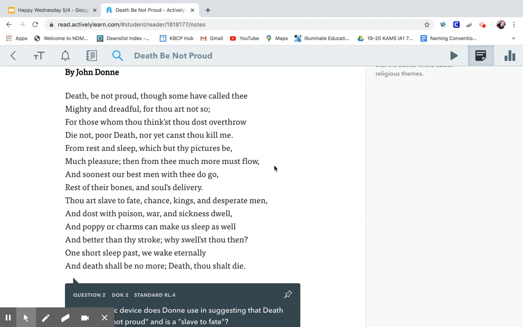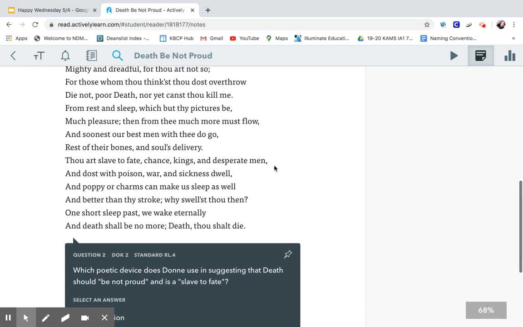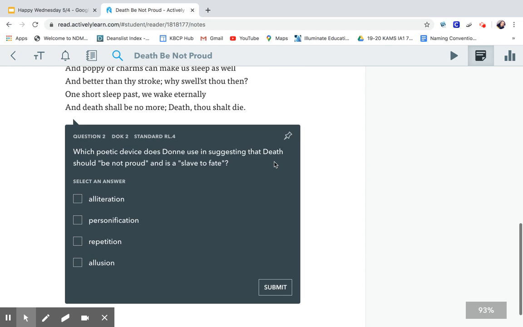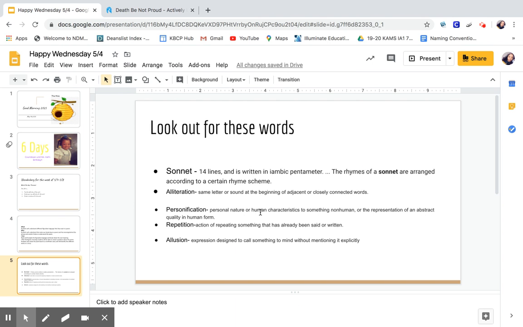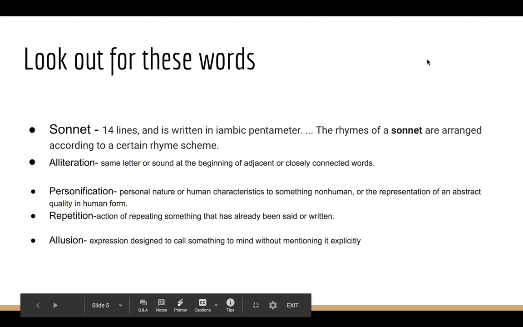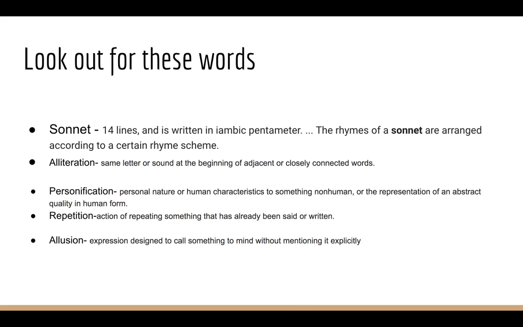So as we're looking at this poem, we're trying to unpack what the author is actually saying. So, speaking of what the author is saying, let's think about the different devices that we have. I gave you these devices in our slide, so you see what each device mentioned in the question actually means. You have alliteration, same letter or sound at the beginning of closely connected words.